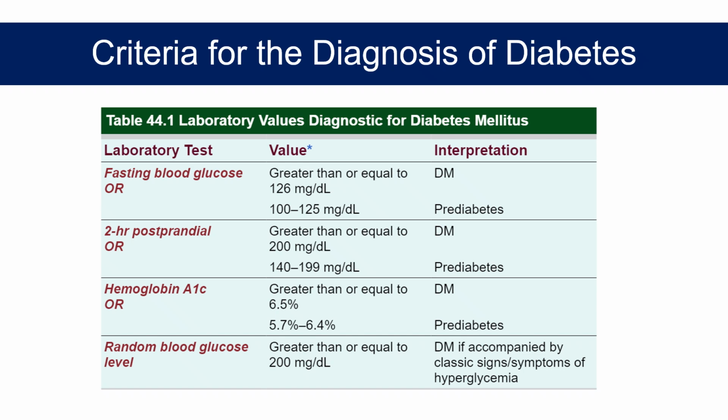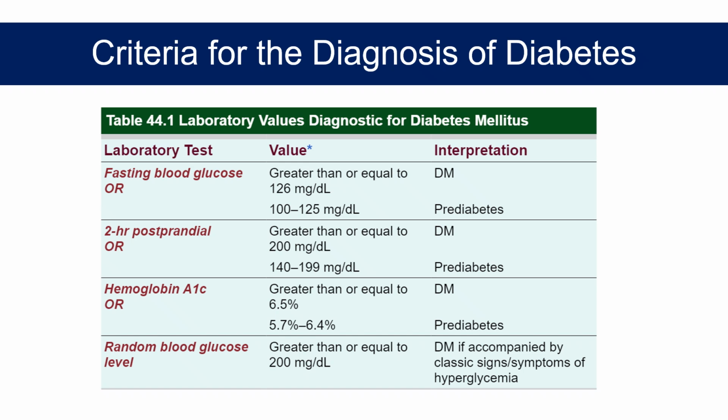2-hour postprandial, that means that you ate a meal and then we checked your blood sugar 2 hours after that meal. So again, if we tested your blood sugar and it was 140 to 199, you're considered pre-diabetic. And if your blood sugar still remains high, over 200, and it's been 2 hours since you ate, you would be considered to have diabetes. Next is a hemoglobin A1C.